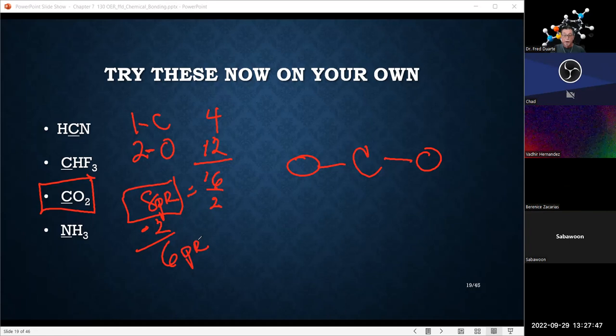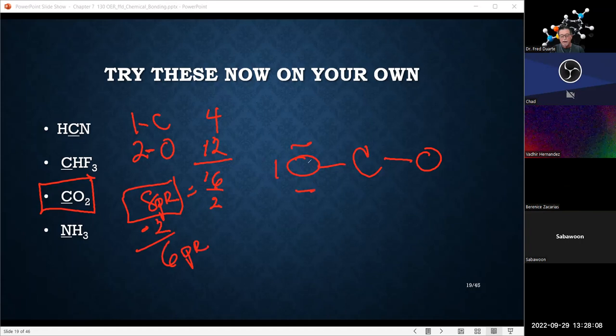Now, since we don't have to worry about hydrogens here, where you put them is totally up to you. You can put them anywhere. But like I stated, I prefer to start on the outside just to keep track of everything and then work my way in once the outside is full. So I got 6 here, and I go 1, 2, 3.